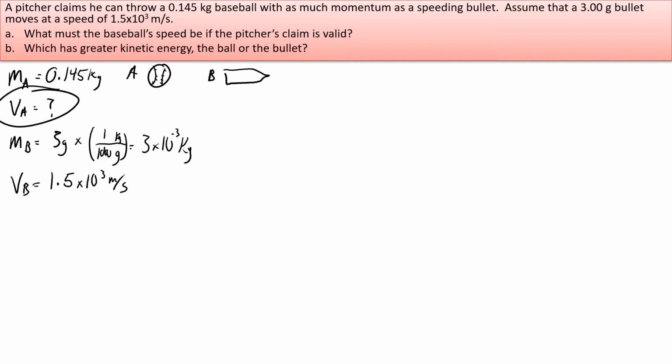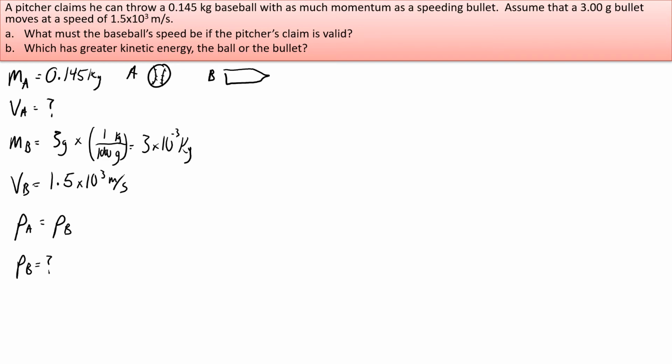So how fast does that have to be so that the momentum of the ball is equal to the momentum of the bullet? All right, you could do this a couple different ways. First, let's figure out what is the momentum of that bullet, and then we'll use that momentum to find the velocity of the ball, just as some practice with this new equation.